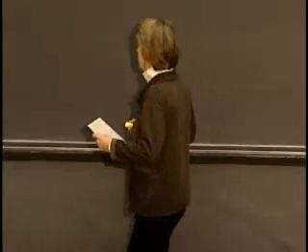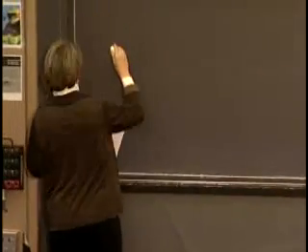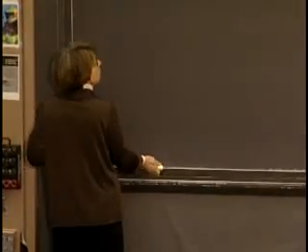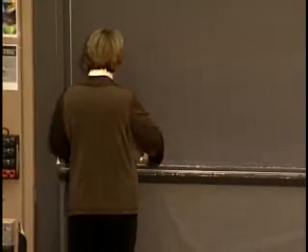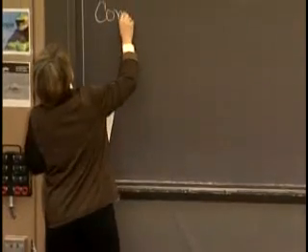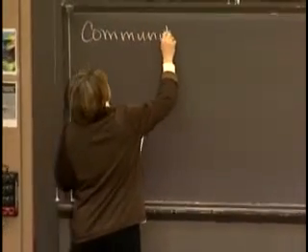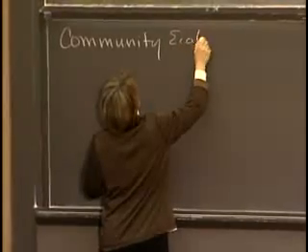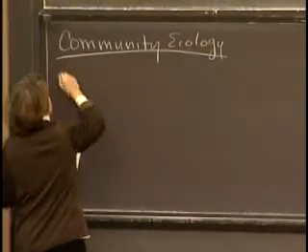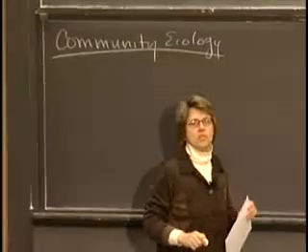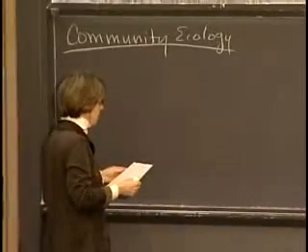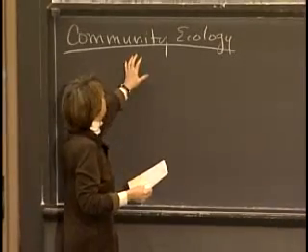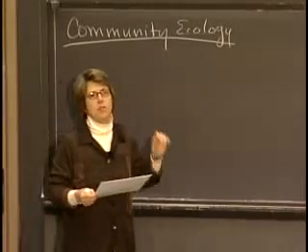And this time, we're going to move into community ecology. And as I said in the first lecture, this is one of the more difficult branches of the ecological sciences to really describe, because a community, an ecological community, is a bit of an abstract concept.